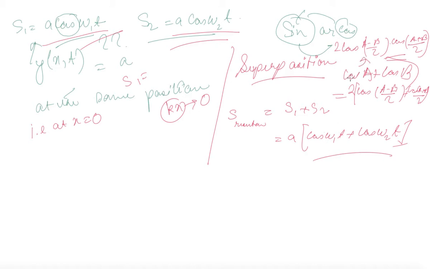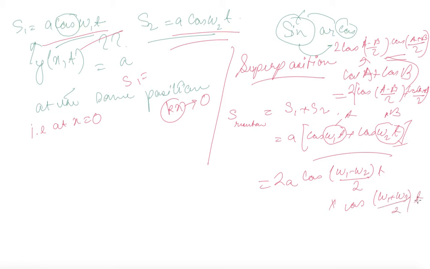If we relate this, where this is A and this is B, my resultant equation becomes 2A cos of (omega 1 minus omega 2)/2 into t, into cos of (omega 1 plus omega 2)/2 into t.